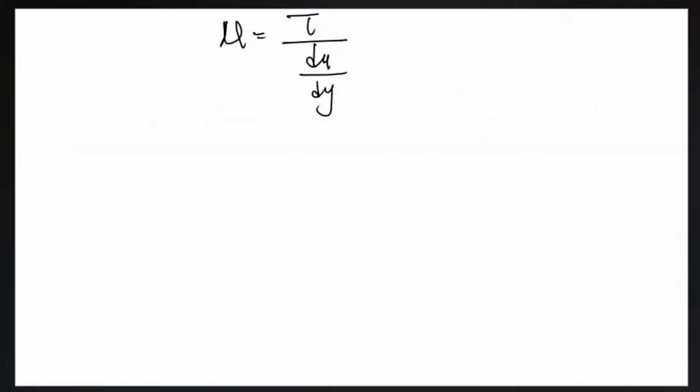Now, imputing those parameters, we have that our tal here is 2.2 Newton per meter square, divided by, what's your du? Your du was given to be 1.2 meter per second, from what we have here.